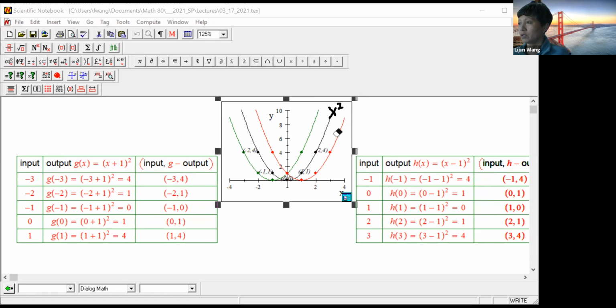Okay, red color. x minus 1 squared. The green is x plus 1 squared. Did you guys mark that? Please, did you please mark that in the picture?